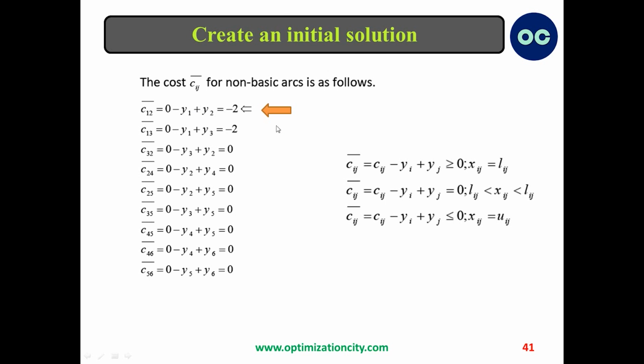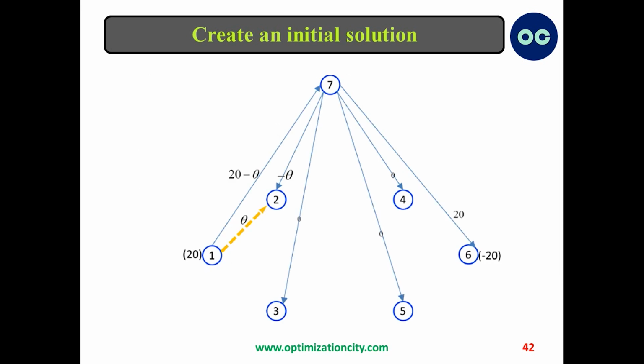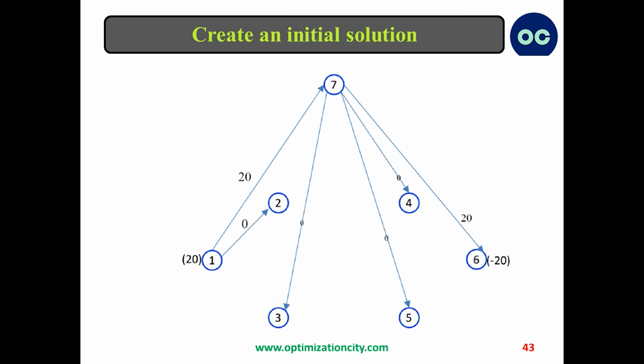The output arc can be found using this process, as we stated in the earlier example: arc 7,2. Arc 7,2 is removed from the base and, as a result, arc 1,2 enters the base. And this is the current basic solution. In this iteration, the value of the objective function is equal to 40.